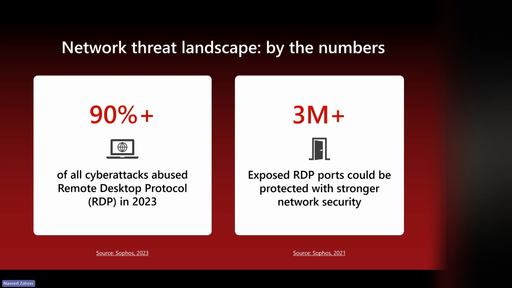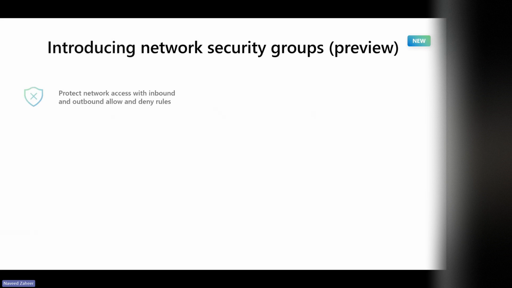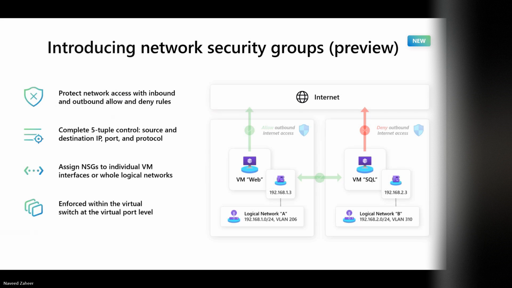And we all are aware that a big cause of some of the issues is the RDP port. Those ports are sometimes left without any checks, and that's where hackers get in. They take over those machines, and then they move laterally into the network and cause significant damage. That's where network security groups are now in preview with Azure Local.